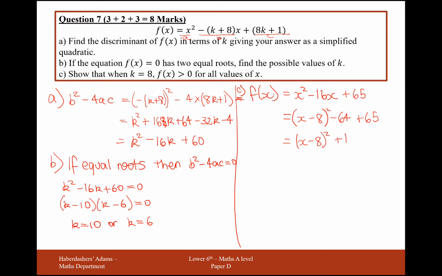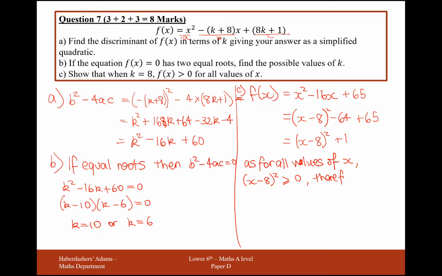And now we just have to write a sentence explaining ourselves. So as for all values of x, (x minus 8) squared is going to be greater than or equal to 0.